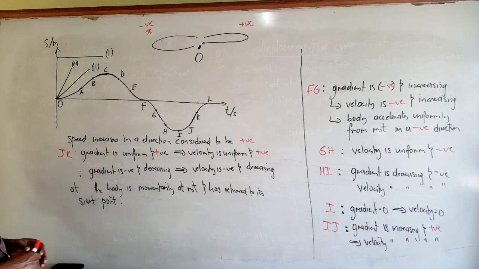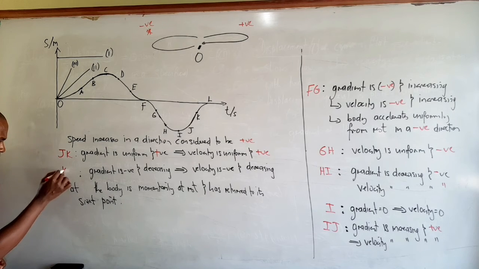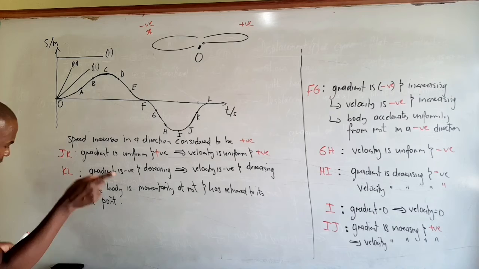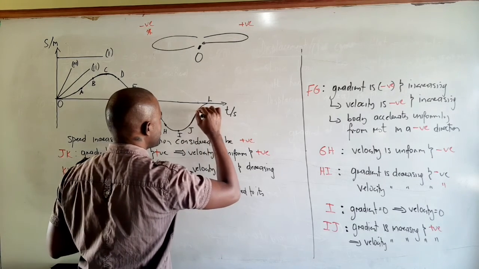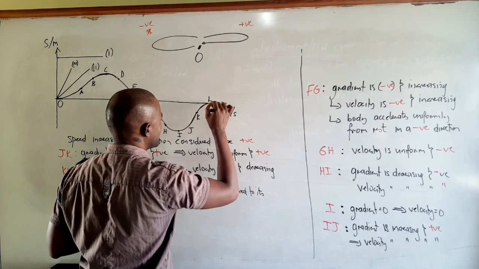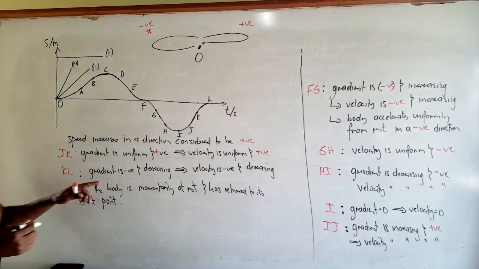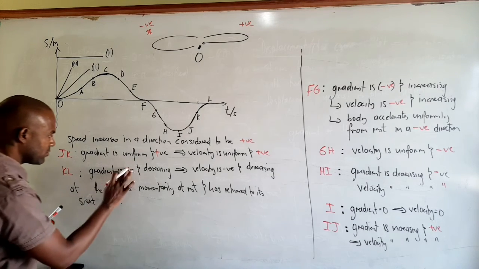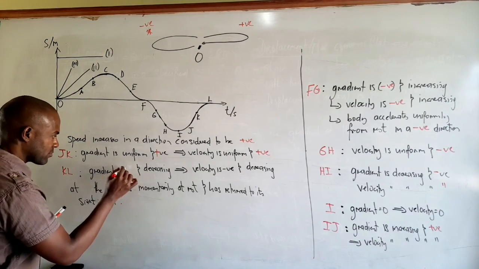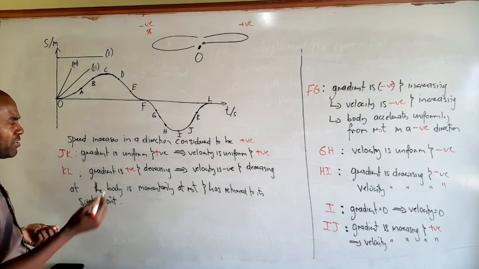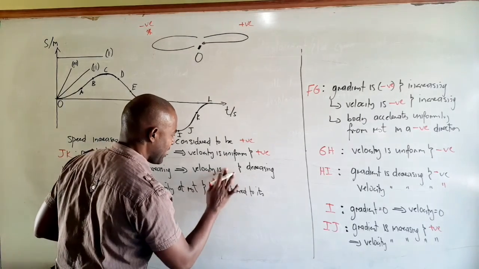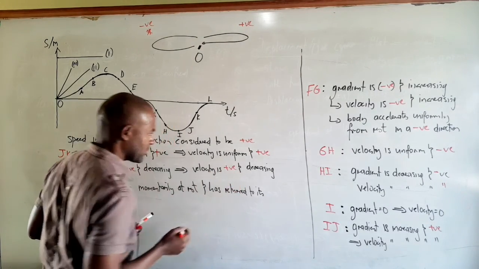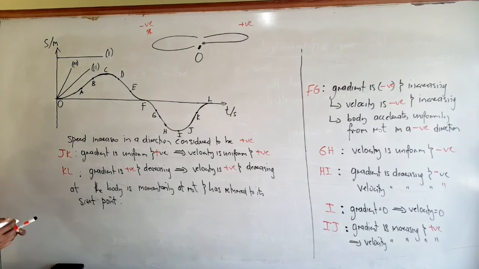Now with that is JK, KL. The graph starts to curve once more, right? So it goes from being a straight line to a curve whose slope is decreasing, and the gradient is positive but decreasing because it is getting flatter, and so the velocity is positive and decreasing, right?